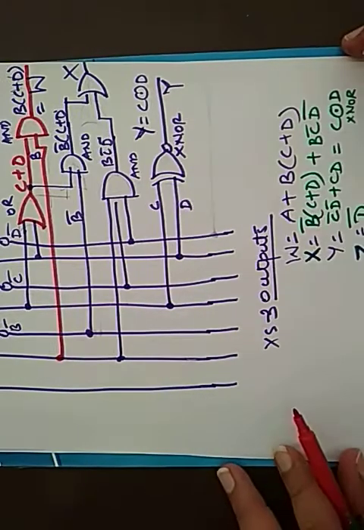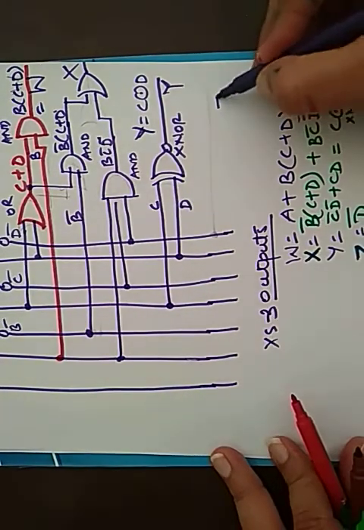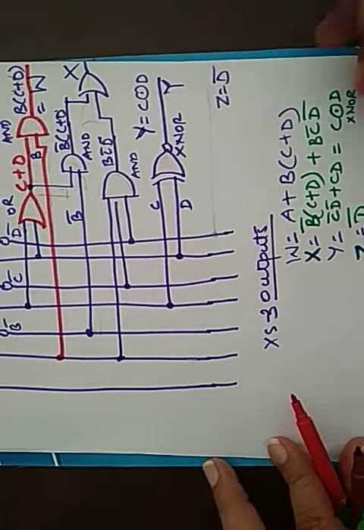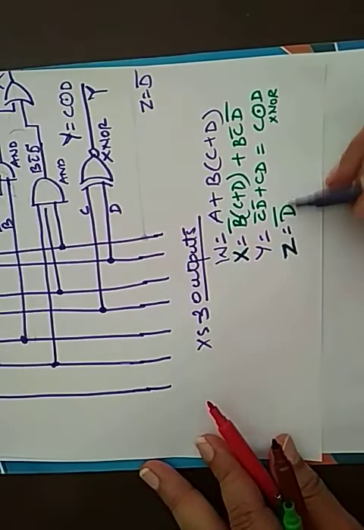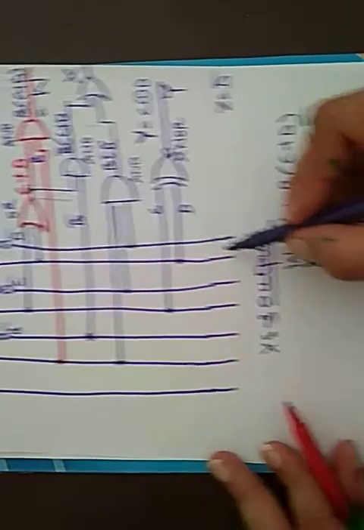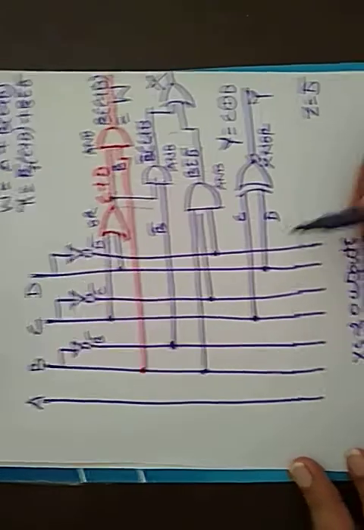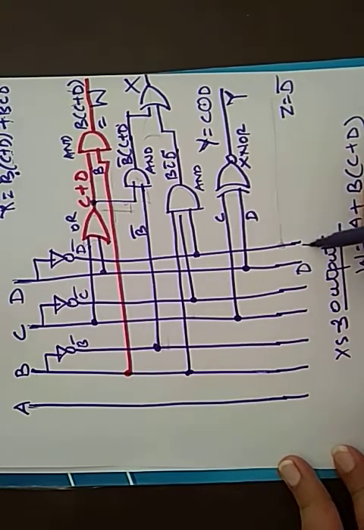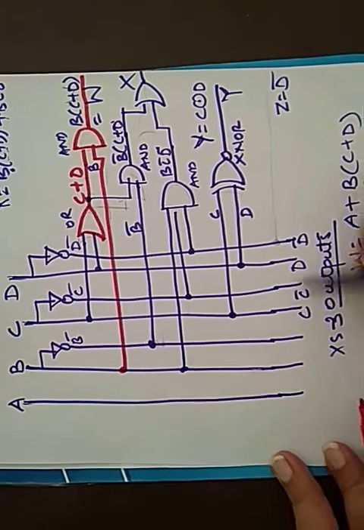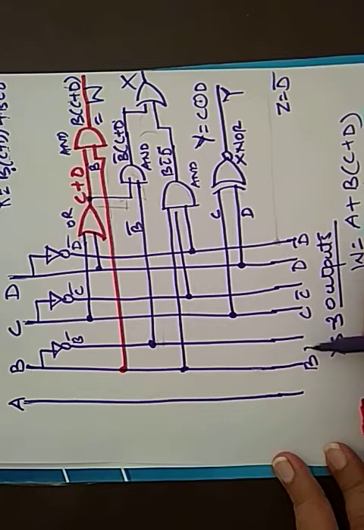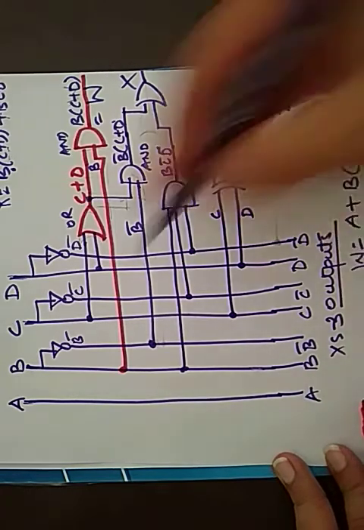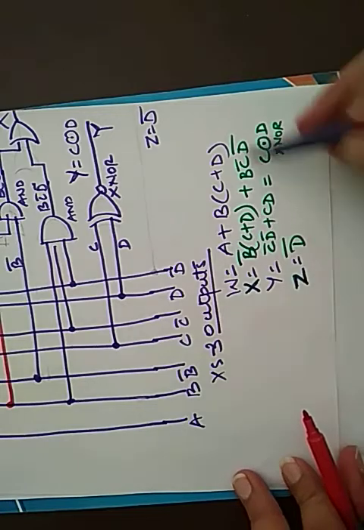And the last output Z, remember Z was D bar. Here we had Z is equal to D bar. So where is our D bar? Remember this is D and this is D bar, C, C bar, this was B, B bar, and this was A, because we do not need the term A bar in any of these. You carefully take a look here.